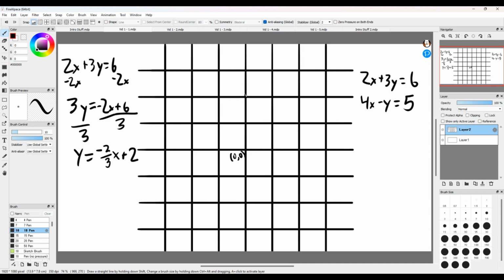Up to, use a beautiful new color. Colors. Oh, that's a great color. Up to 1, 2. And so, remember, rise over run. So we're going to go down 2 and to the right 3. So 1, 2, and down to the right 3.